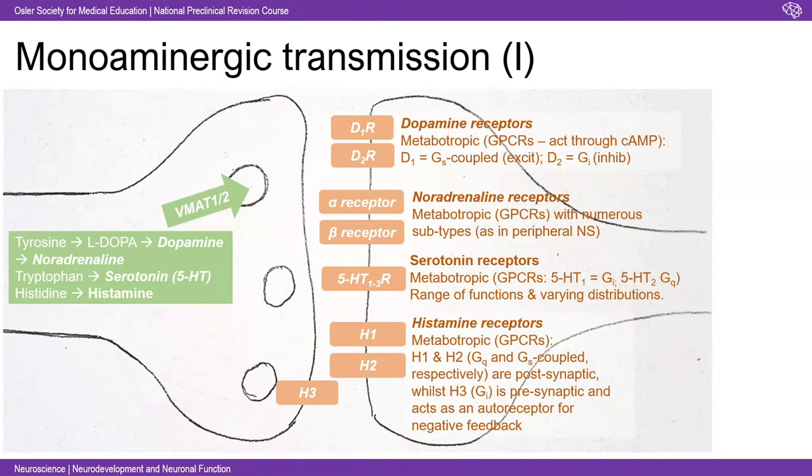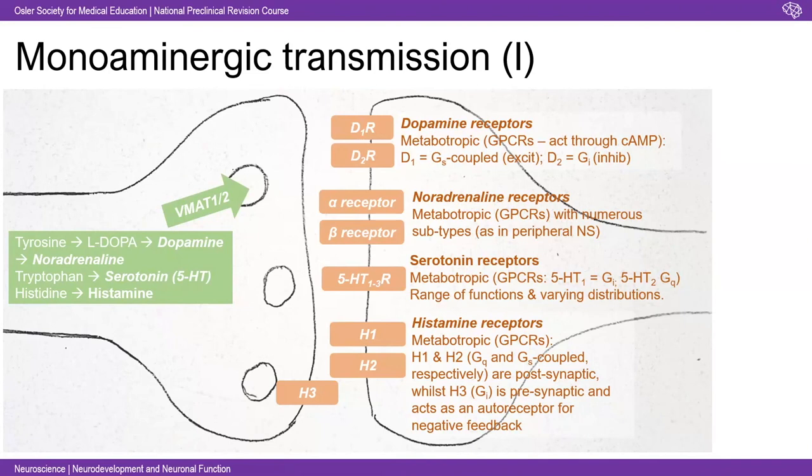The histamine receptors 1 and 2 are postsynaptic, whereas histamine receptor 3 is exclusively found in the presynaptic membrane and has this role as an autoreceptor, shutting off histamine release and therefore providing negative feedback.